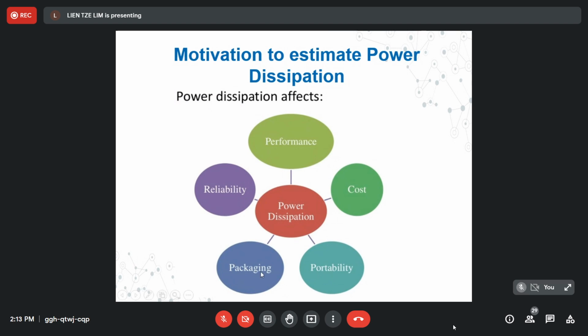And packaging and portability, these are all related. If we want to cool down the device, then maybe the structure or the form of how the device is packaged will be different.